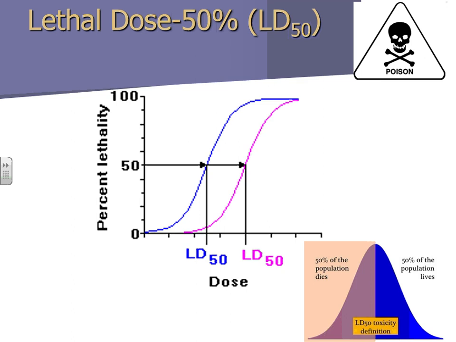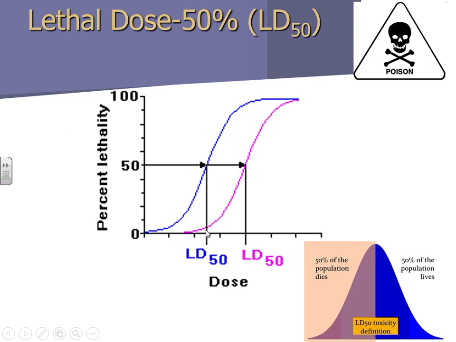The way that you would identify the dose that is going to kill 50% of the test population is you would look at your y-axis and go up to 50%. From here, you would go to the line. If we wanted to know the LD50 of the blue line, there are no numbers here right now, but you would go over to the blue line and you would go down. And this dose right here represents the LD50.